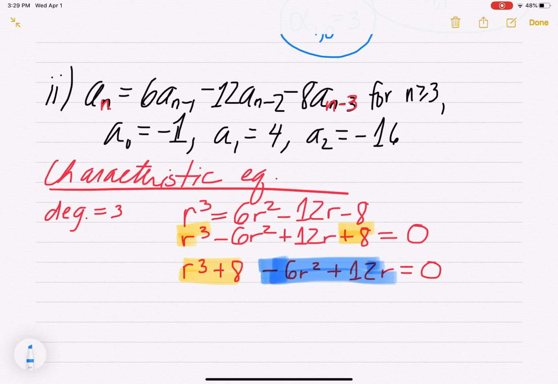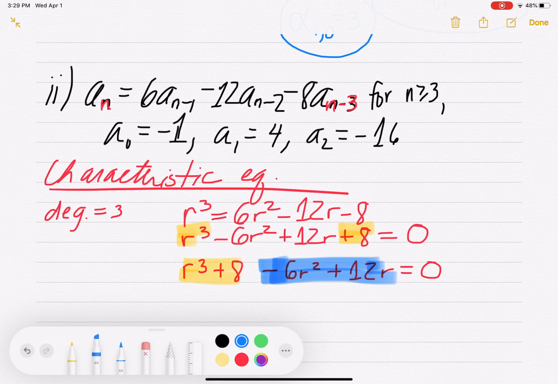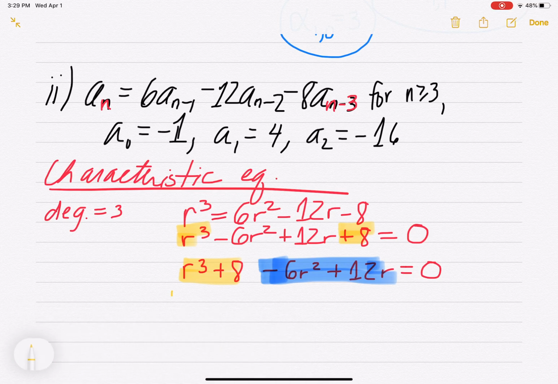The yellow stuff, that is what's called a sum of cubes. So using the sum of cubes form for factoring, you have what? r plus 2 times r squared minus 2r plus 4.